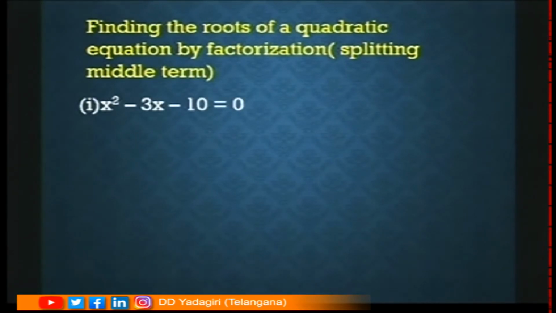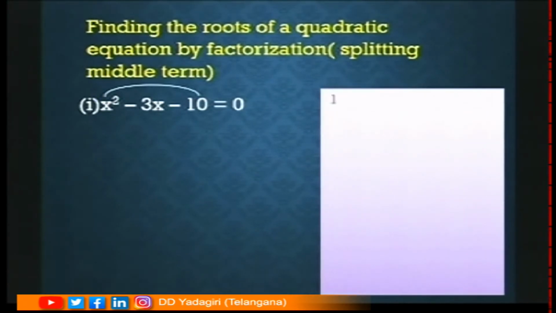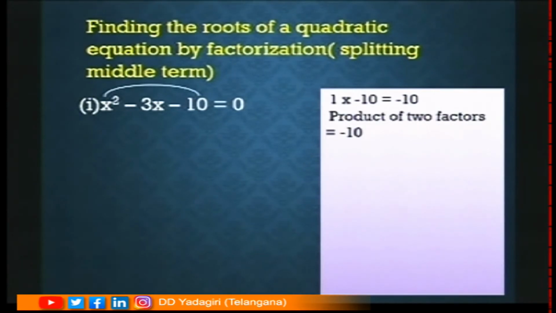Let's consider an equation x square minus 3x minus 10 is equal to 0. Now, when we multiply the coefficient of x square with the constant, I get 1 into minus 10, which is minus 10. So, the product of two factors comes out to be minus 10 and the sum of two factors should be minus 3.